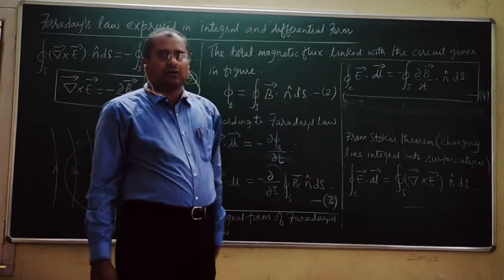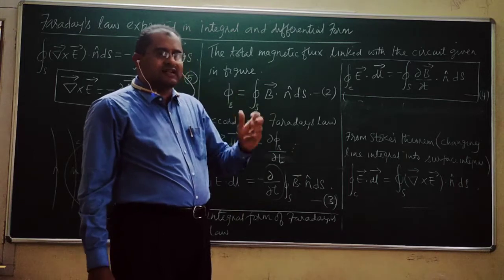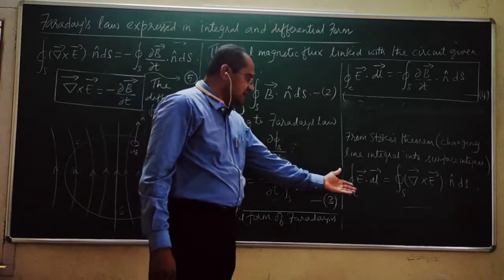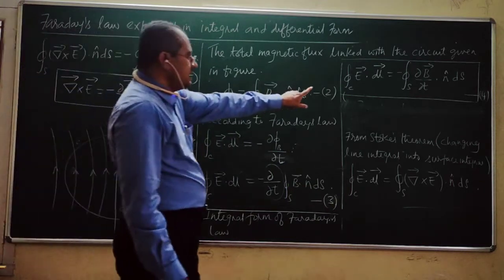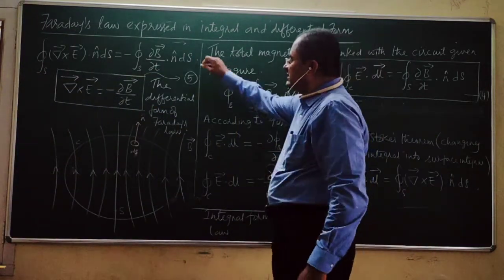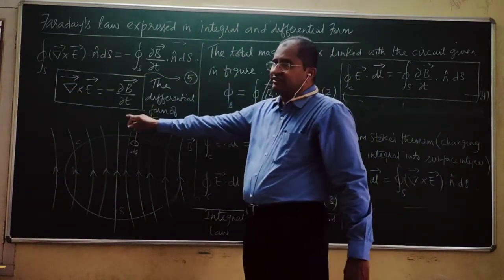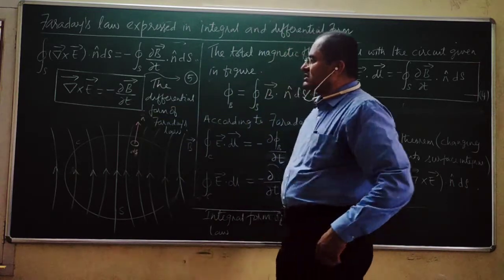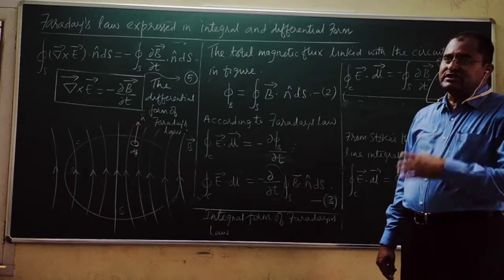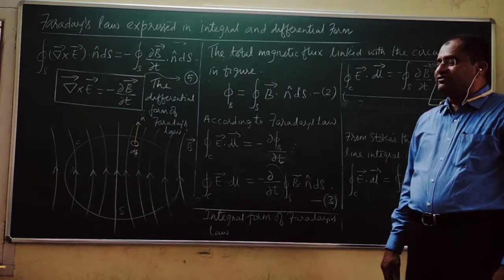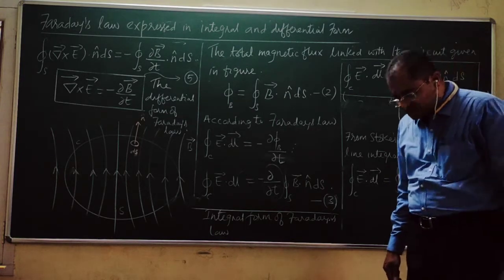I use Stokes theorem to convert the line integral into a surface integral. I end up with this equation. I am putting that here in equation 4 to get this equation. Then finally I end up with del cross E vector is equal to minus dou B by dou t, which is the differential form of Faraday's law of electromagnetic induction.